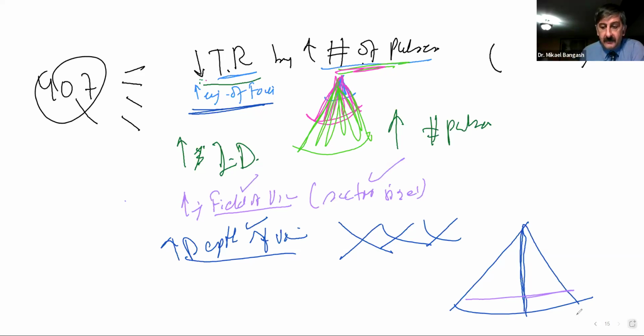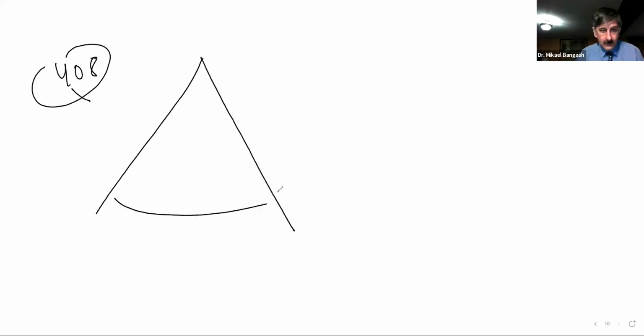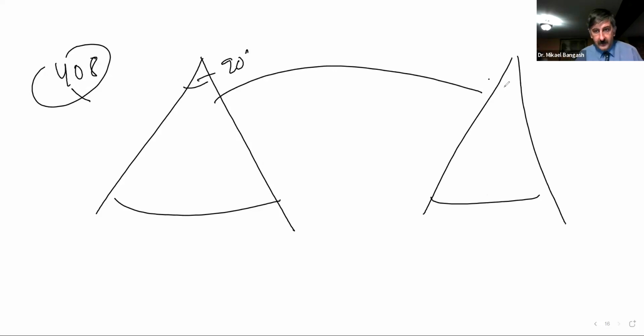Any questions? Now let's squeeze in the last question. A sonographer reduced the sector size from 90 degrees to 30 degrees. This is our sector, it is 90 degrees, but he reduces it down to 30 degrees.